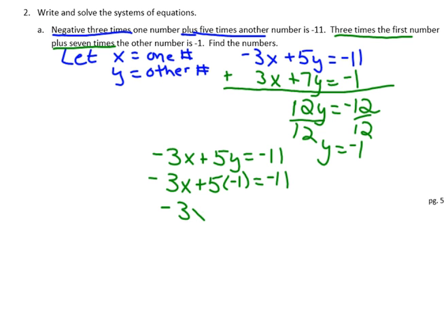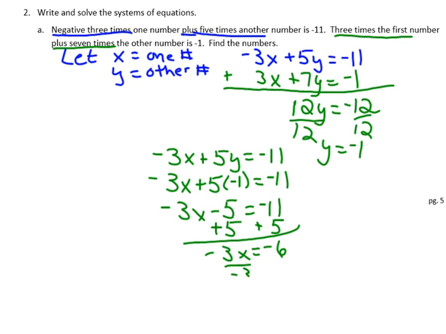So -3x, 5 times -1 is -5, so I'm going to write it as a minus. So now we're going to add 5 to both sides. -3x equals -6. Divide by -3, so x is 2. So my solution is 2, -1. Those are your two numbers.